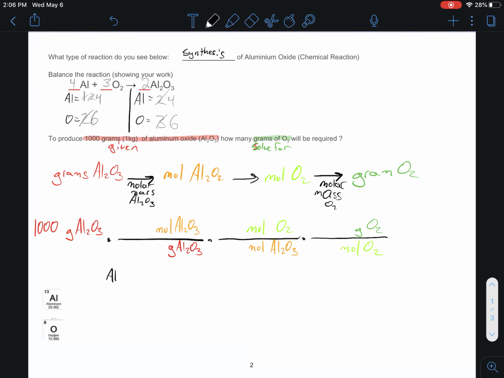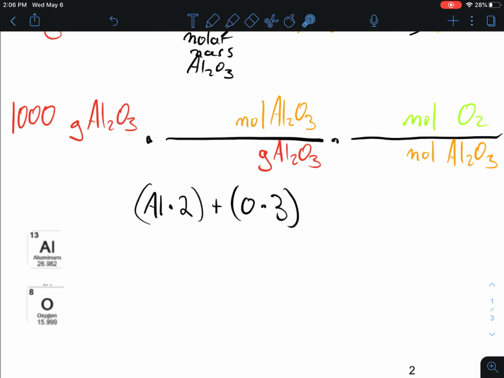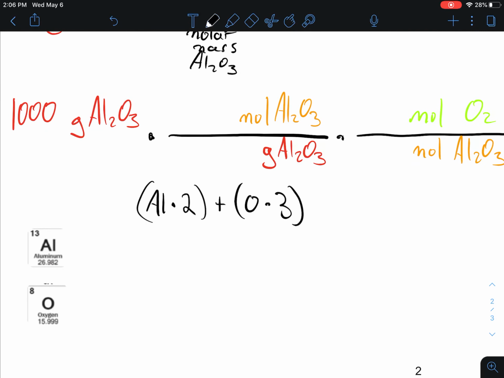For that, I need aluminum times 2, because it's Al2. And I need to add that to oxygen times 3, because this is O3. From there, I just need the numbers from a periodic table, and I copied those in for quick reference.